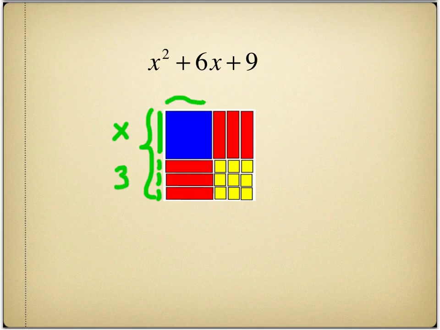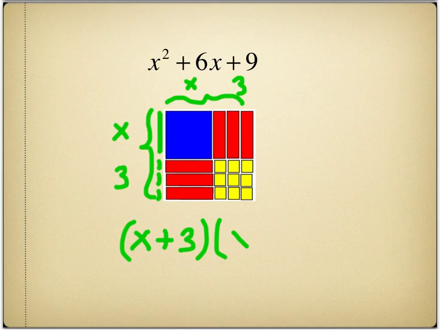And the same thing on top, I have an x and a 3. Therefore, we can say that the factored form for this trinomial is x plus 3 times x plus 3. And sure enough, if we FOILed this out, we would get my original trinomial here, x squared plus 6x plus 9.